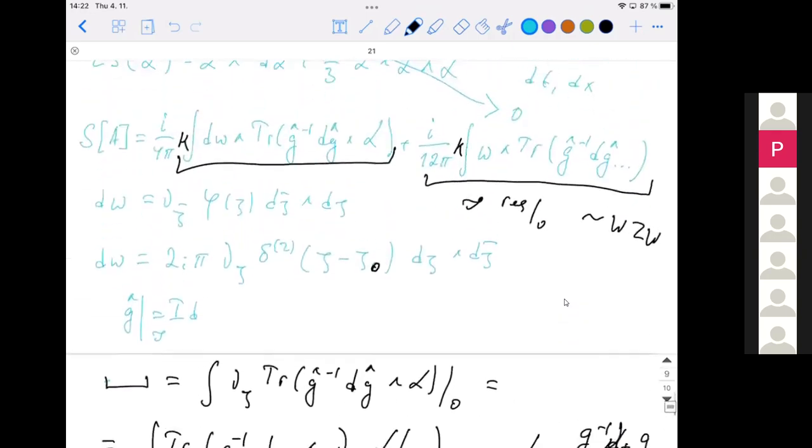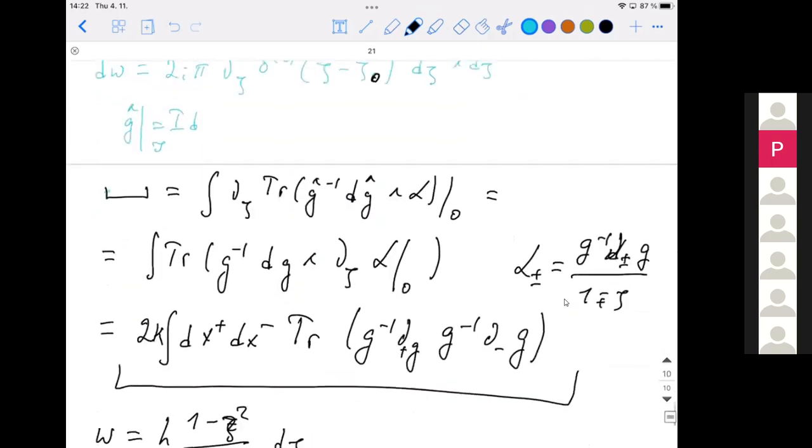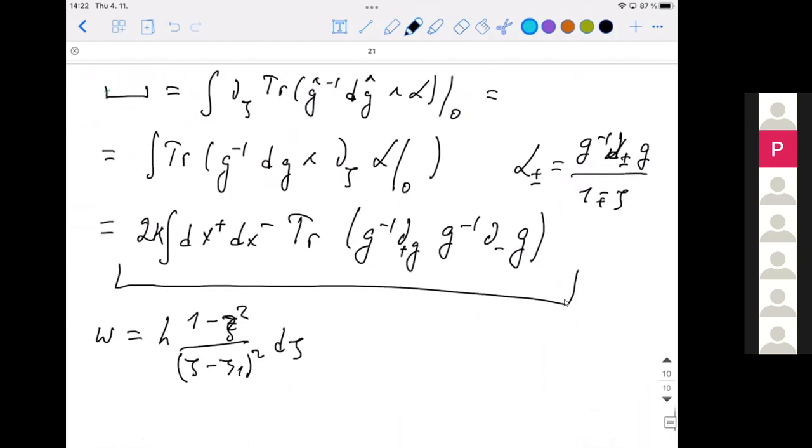So it's just this 0 is shifted to zeta 1. So this term does not vanish. So this will produce PCM with WZW.